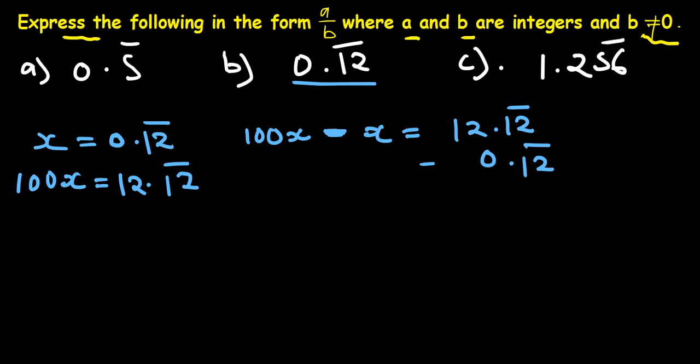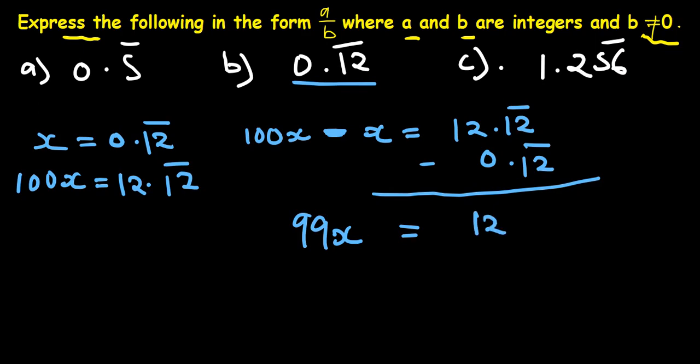Okay, and then here we subtract. So 100x minus x, we're going to get 99x. This will be equal to, here we are going to have what? This 1 2 1 2, when we subtract, they're going to cancel. So we are just going to remain with what? A 12. So it means our x will just be equal to 12 divided by 99.